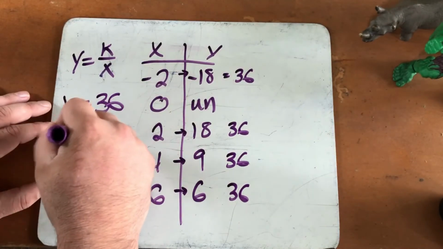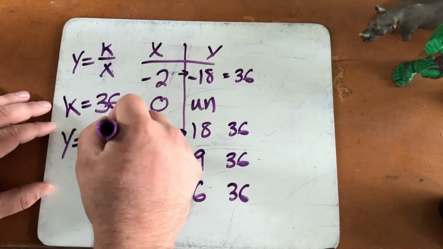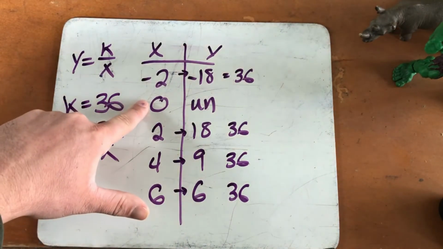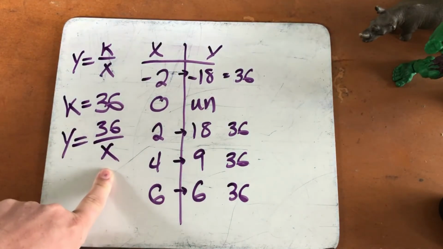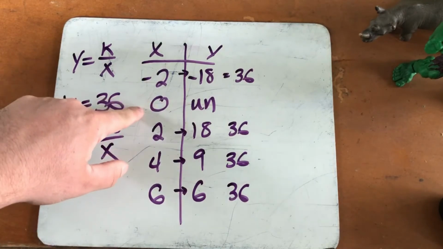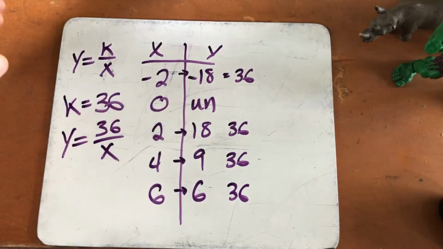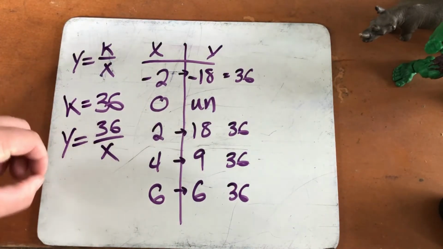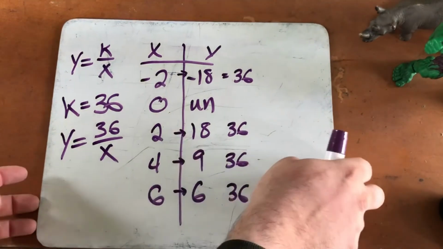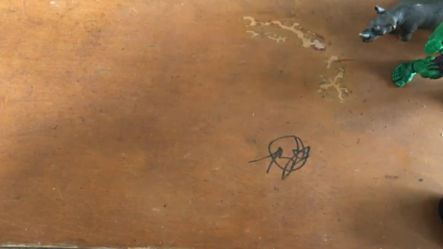Now, when I write it, y equals 36 over x, here's why 0 is undefined. If x was 0, I can't divide by 0. So I don't have a y value when x is 0, but as x gets really, really close to 0, y gets huge.